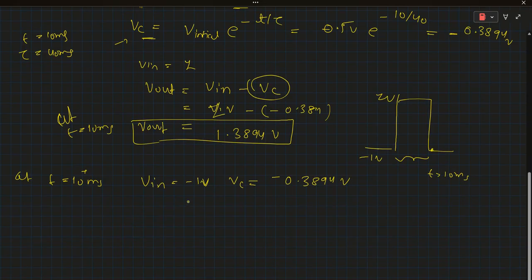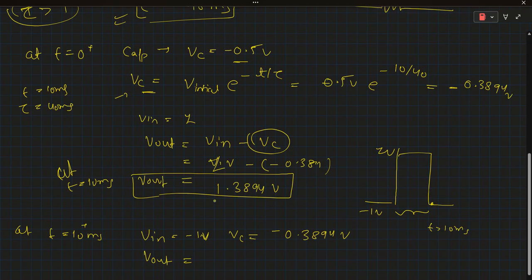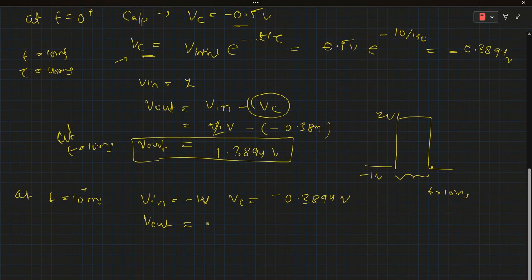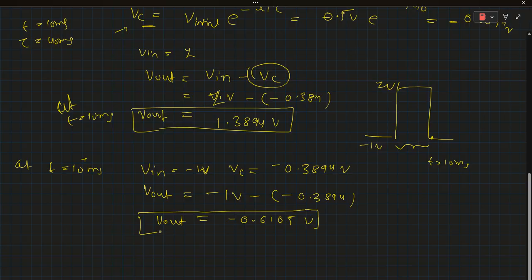We can calculate the V out at this time. So V out is V in minus VC, so minus 1 volt minus VC, and VC at this time is minus 0.3894. If we solve this, we get minus 0.6105 volt. This is our V out. Actually, this is the calculation part.